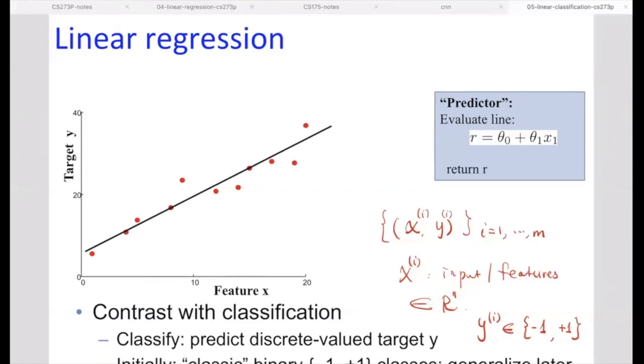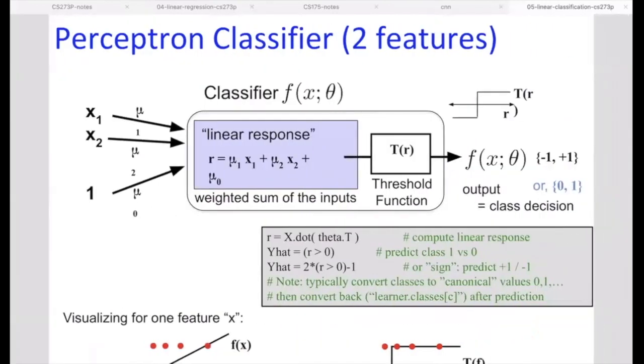So in general, this perceptron classification problem is like this: the model, your classifier, receives x as input, with n features. First of all, you calculate a linear combination of this input, and that is the linear response, or the score function we used for linear regression.